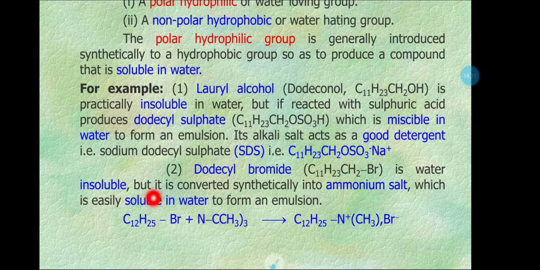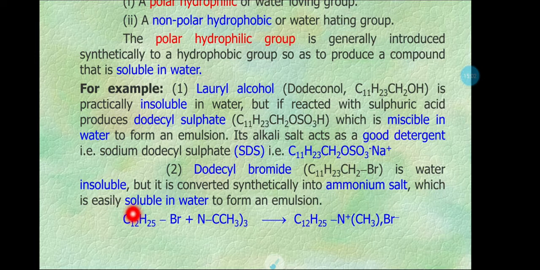But if we convert it into an ammonium salt by the action of ammonium hydroxide or an amine with the alkyl halide, it gives a soluble ammonium salt of the higher alkyl group, which shows emulsion or acts as a surface active agent.